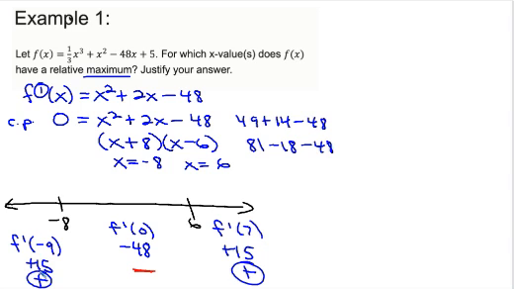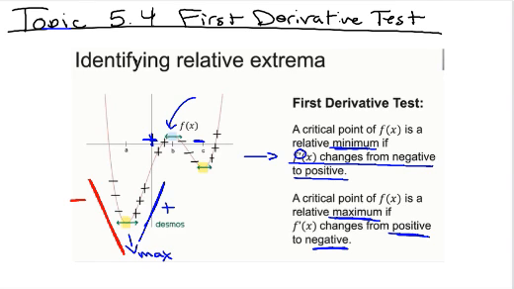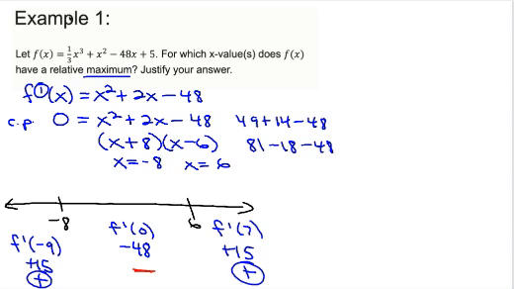So if you look at what we've got going on here, we're looking for where we are changing. Go back to what we just learned. We want to change from a positive to a negative for a maximum, something like this right here. And so that happens right here at negative 8. So this is the location of a maximum.